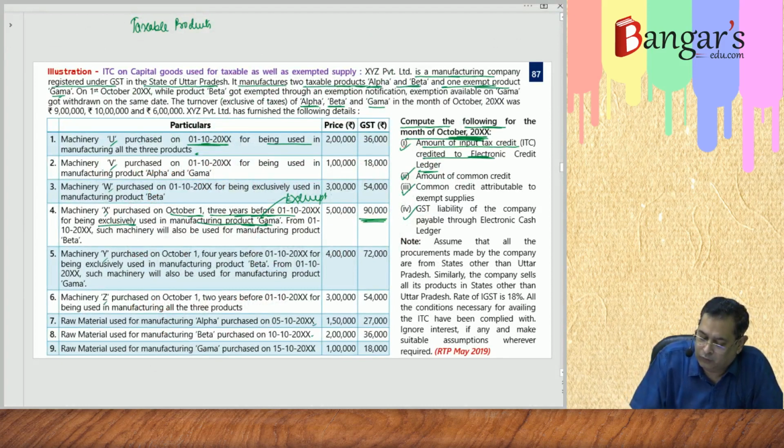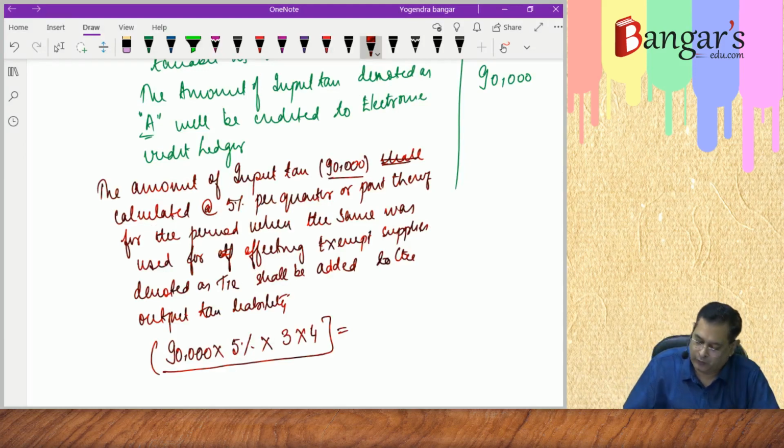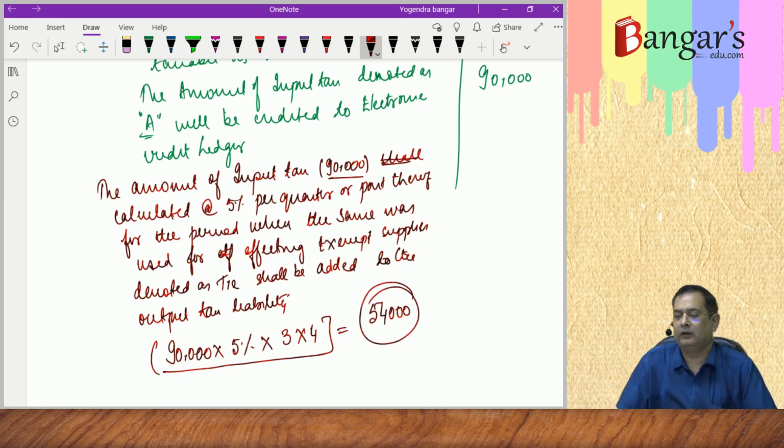It has been so used for 3 years, 3 years into 4 quarters every year. So this will be added to the output tax liability. Earlier it was reduced, now it is added. 90,000 into 5% into 12, that is 54,000 rupees. The same will be added in the output tax liability.